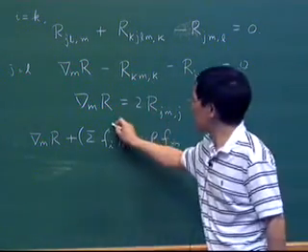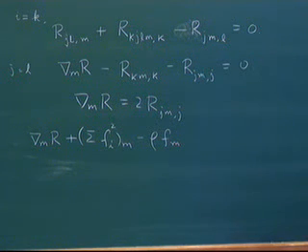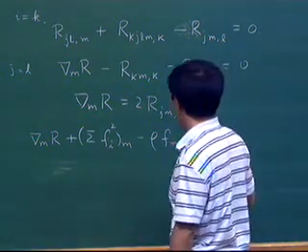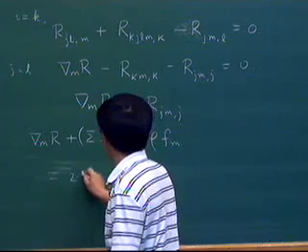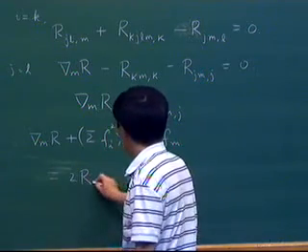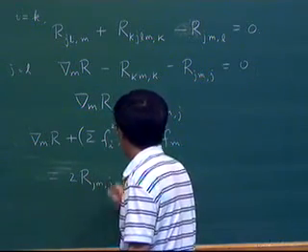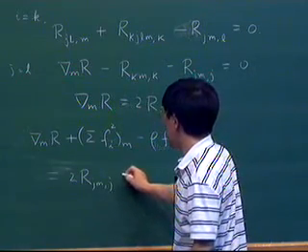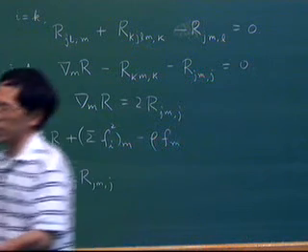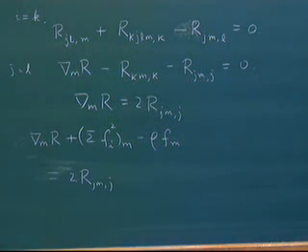This is squared. So this one is equal to this, and this we have. That's just to check my notation.